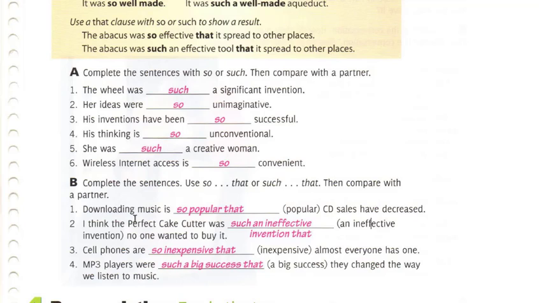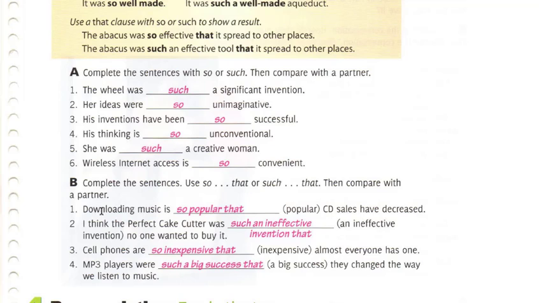Okay, activity B. Number one, downloading music is so popular that CD sales have decreased. Okay, so we're going to use the word that in all of them to separate the reason from the result. We're going to use the words in parentheses, and we're going to decide if we're going to use so or such.